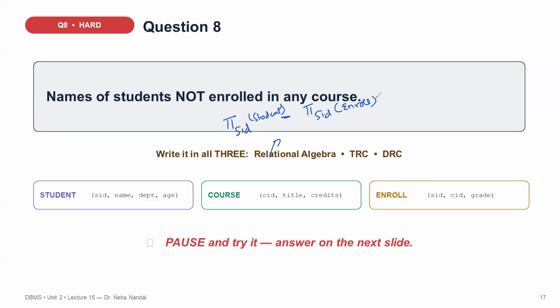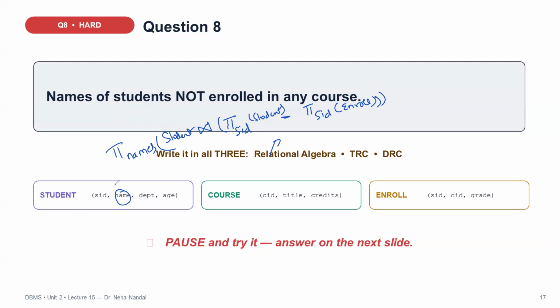That you will do first. Then, because we want names of the students, which will come from the student table, you will perform a join with the student table. And then finally you will project the final names. So that is the thing.